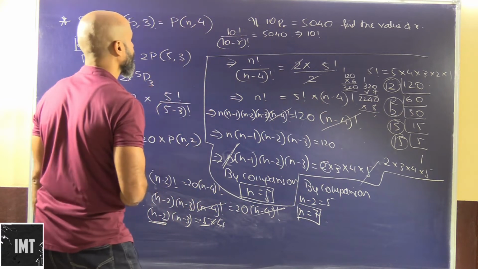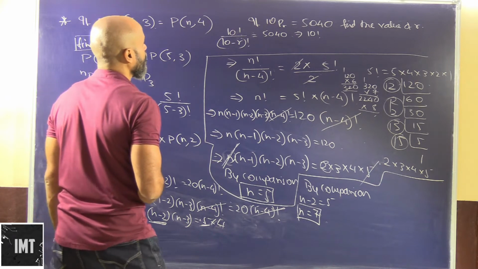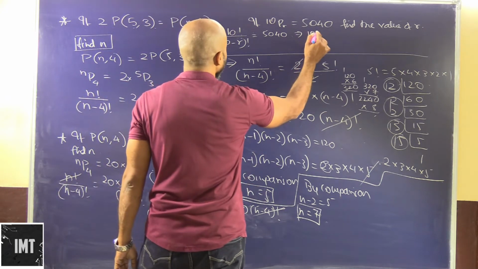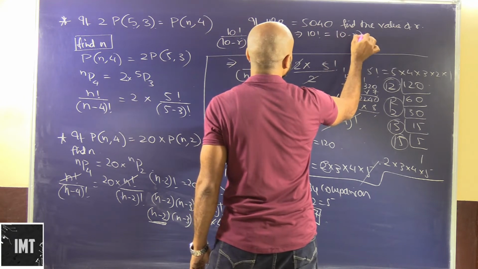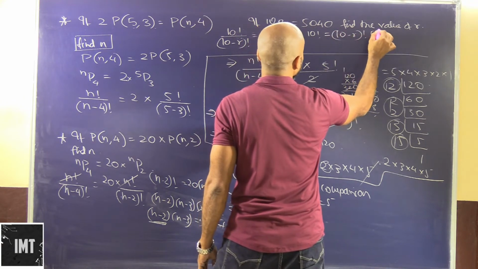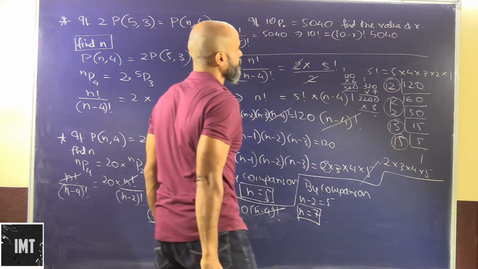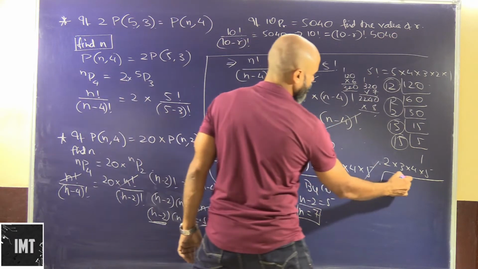Can we go somewhere, 10 minus r, factorial 10 will be equal to 10 minus r factorial into 5040. Okay, so let's divide this 5040.